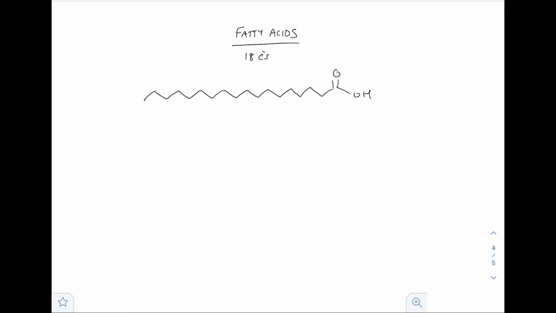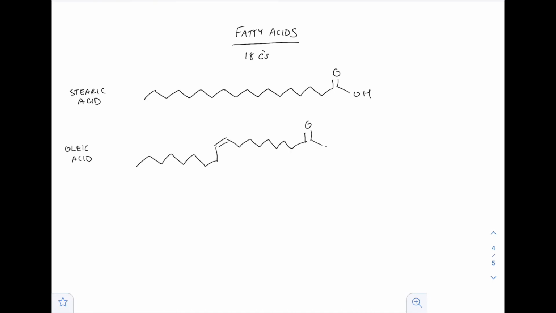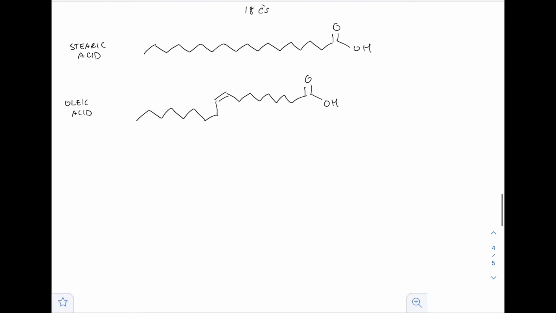All right, so trying to fill in the blanks while I draw these large molecules. We're about to draw a bunch of these large molecules, but fatty acids are basically the byproduct of hydrolysis of a triacylglycerol. Stearic acid, all of these ones will have 18 carbons. And so stearic acid, as you can see, is just a bunch of CHs.